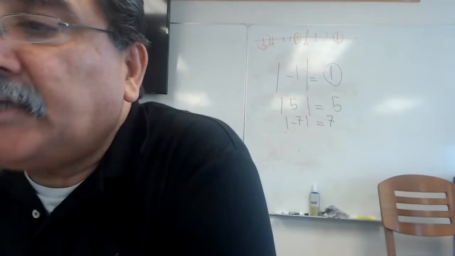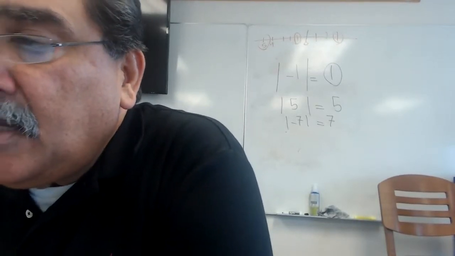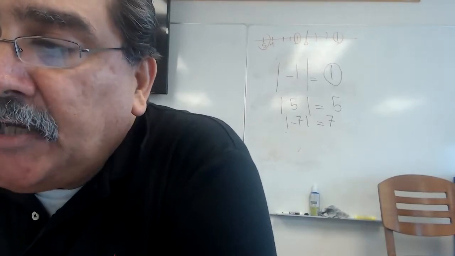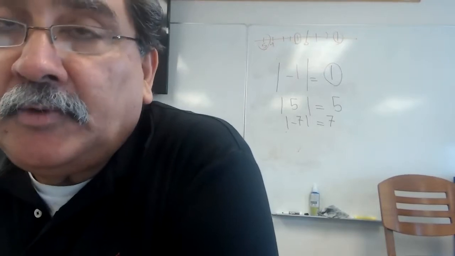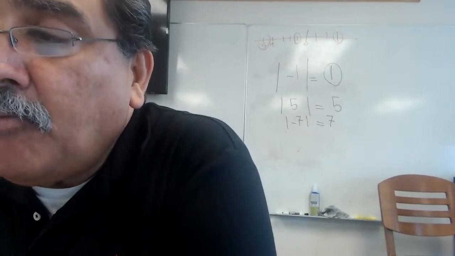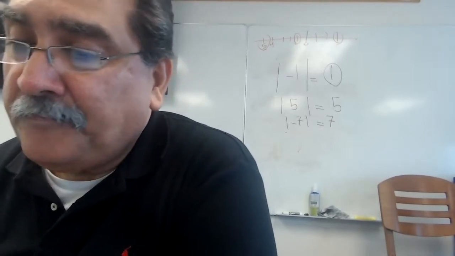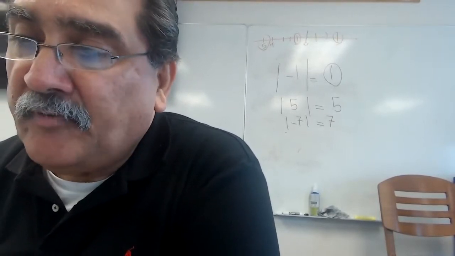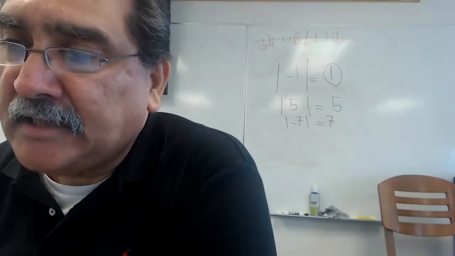Minus 3 plus minus 2 is minus 5. Minus 3 plus positive 1, what would you say? It is minus 2. So you just subtract the absolute values and use the sign of the number with the greatest absolute value.